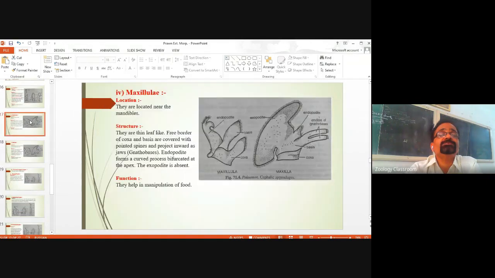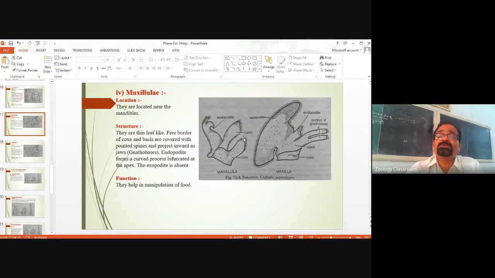They are thin and leaf-like; the free borders of the coxa and basis are covered with spines.